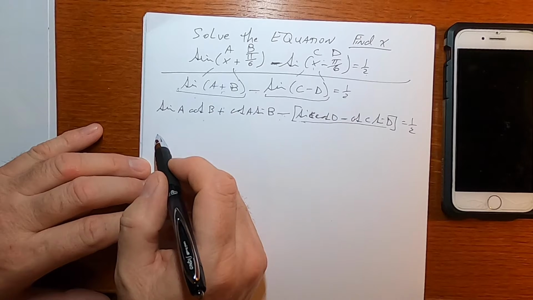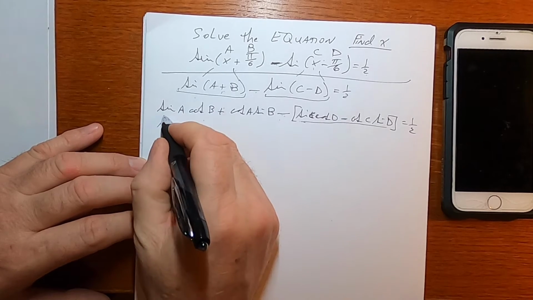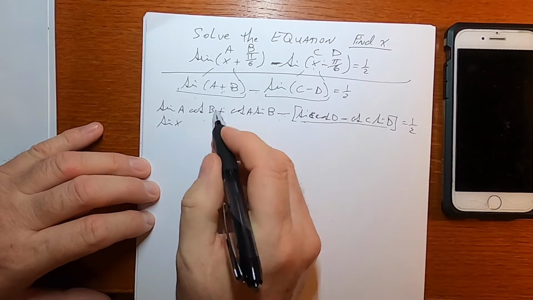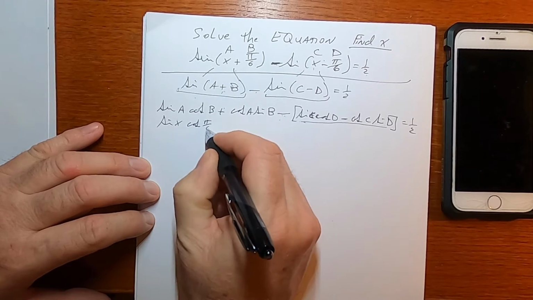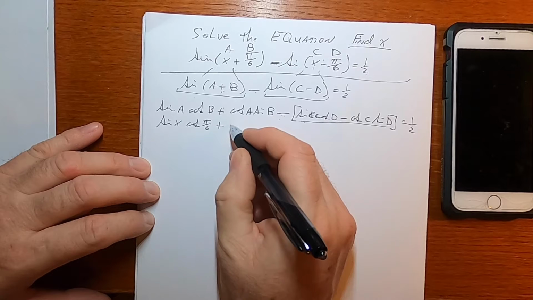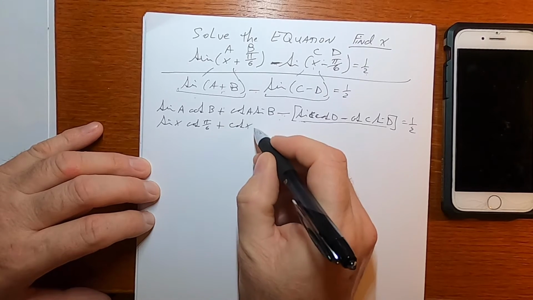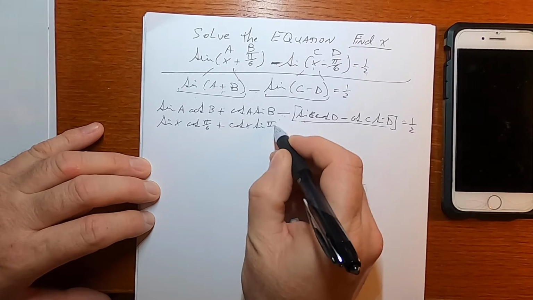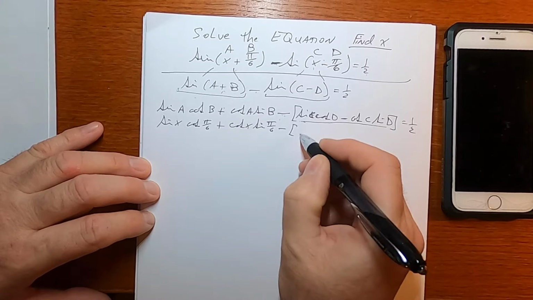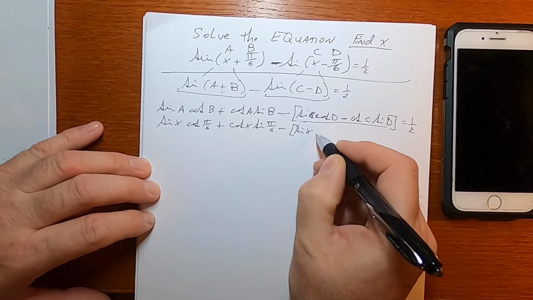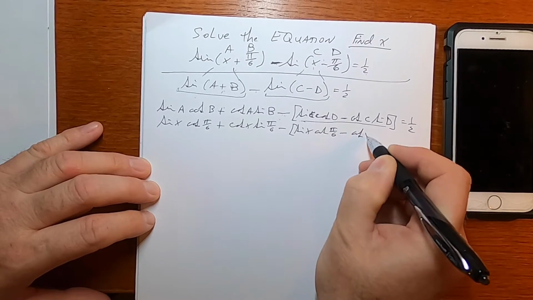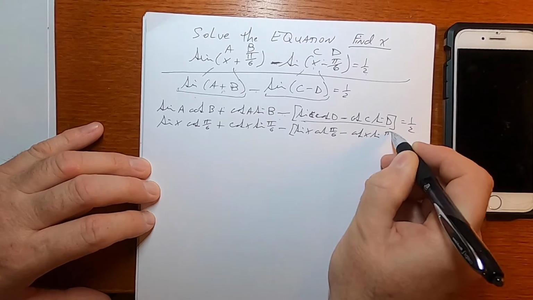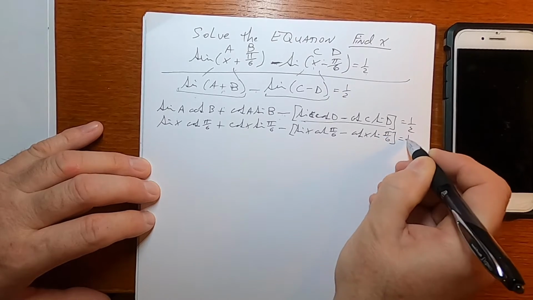Sin a is sin x, and I have cos(π/6) plus cos x sin(π/6) minus sin x cos(π/6) minus cos x sin(π/6) equals 1/2.